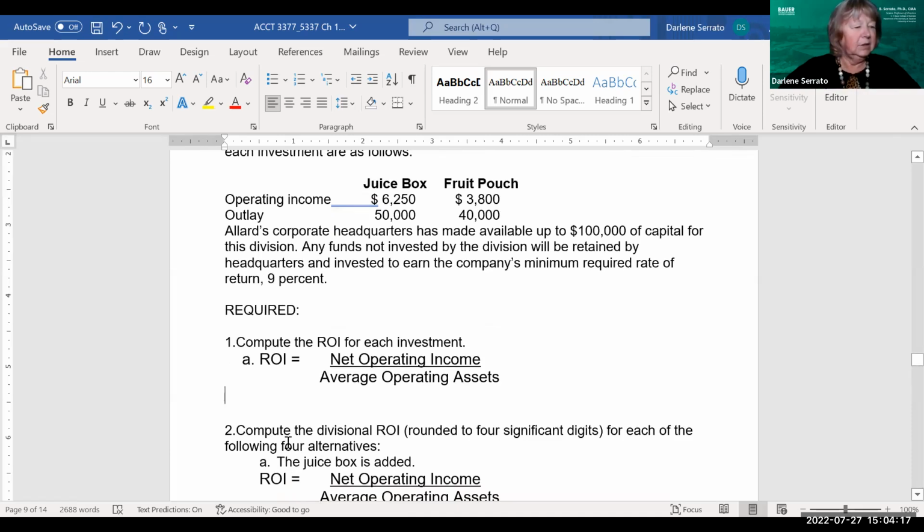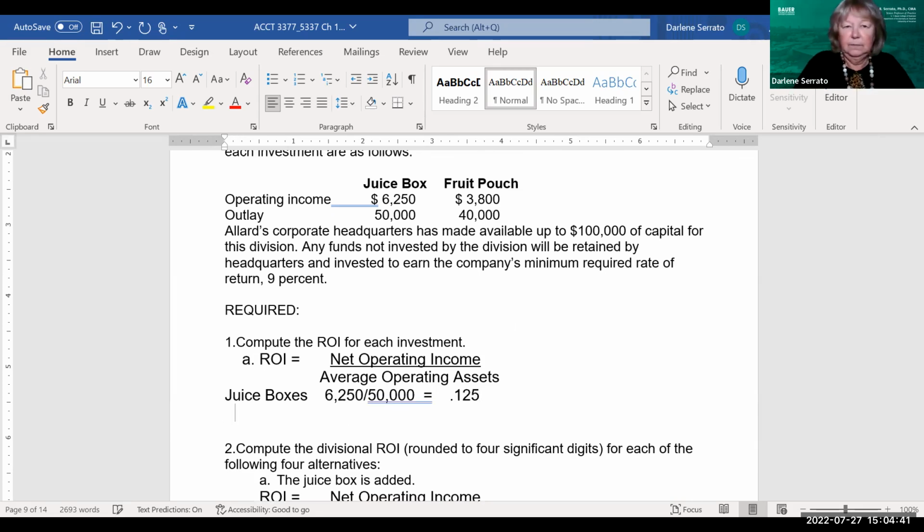So let's look first at juice boxes. Operating income would be $6,250 divided by an investment of $50,000. And that gives us 0.125.